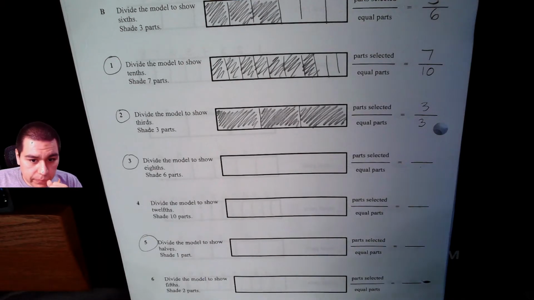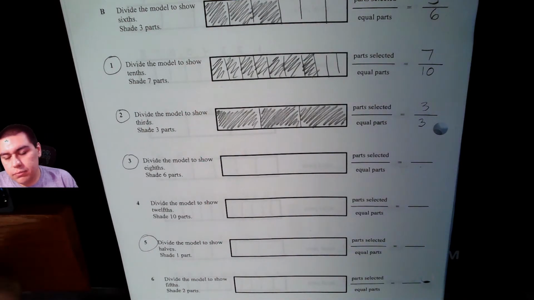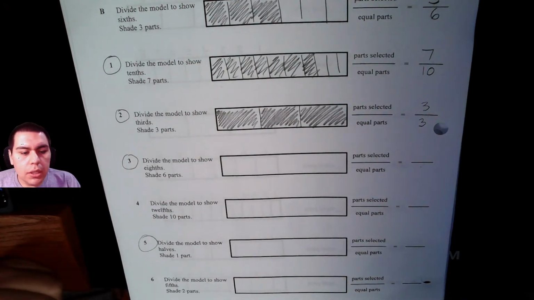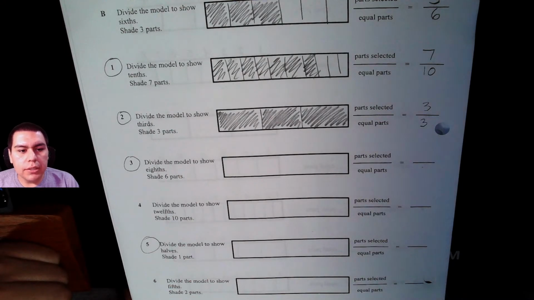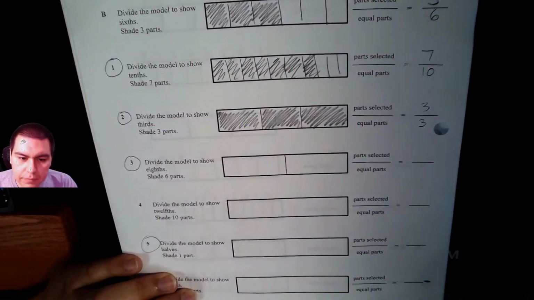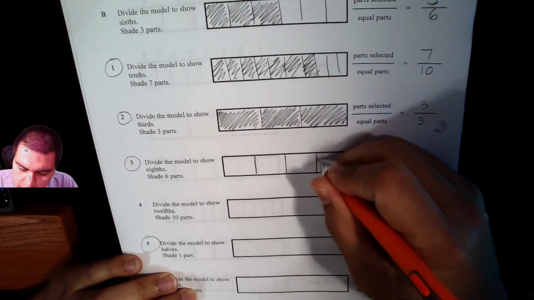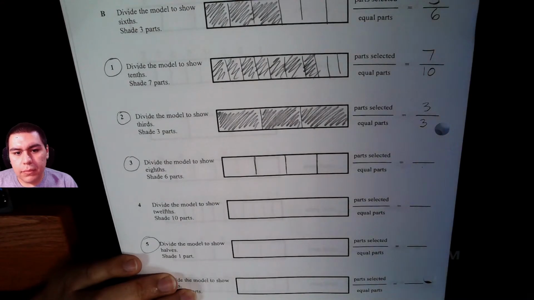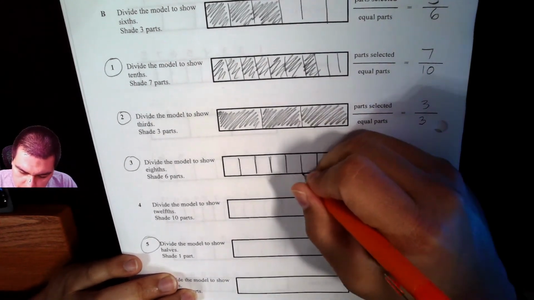Problem 3. Divide the model to show eighths. So first thing I'm going to do is split my rectangle up into 8 pieces. I'm going to start with a half, then cut those in half to get a fourth, and then cut those in half to get eighths.